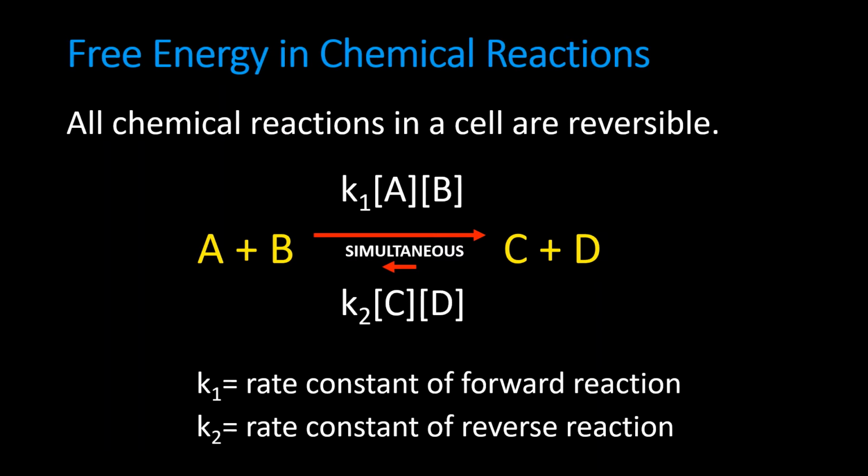So notice here our arrow going backwards is now shorter, indicating that the forward reaction is greater because the concentrations of A and B are greater as compared to C and D. If the reverse is true, the reaction will be mostly backwards or in reverse. So this time, the concentration of the products is actually greater than the concentration of the reactants.